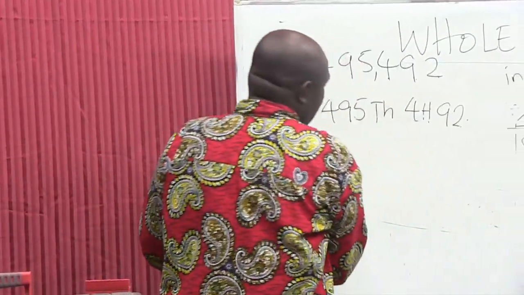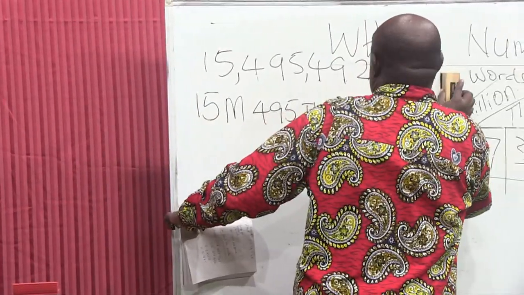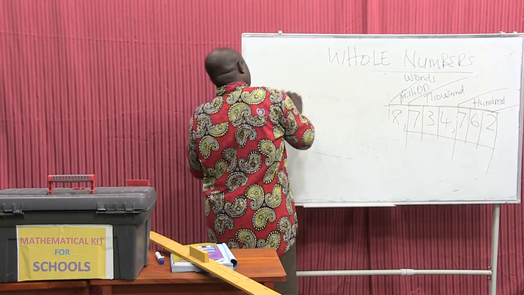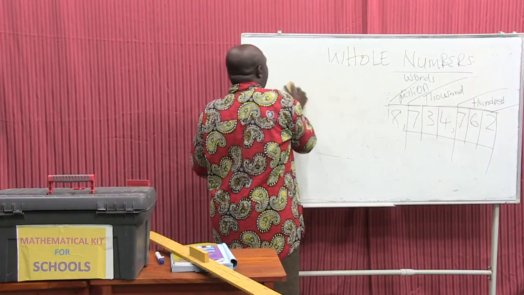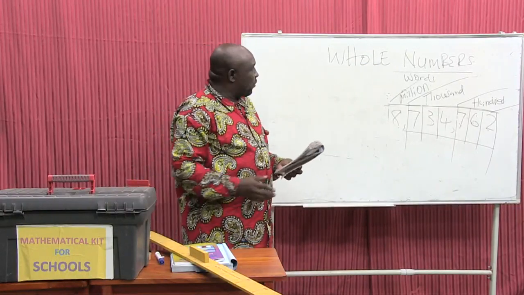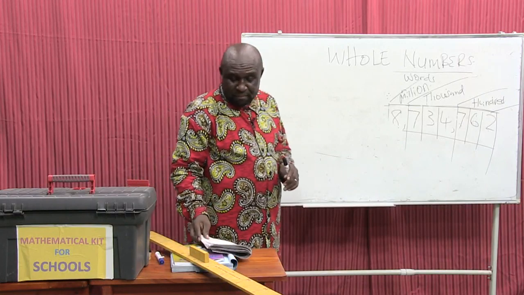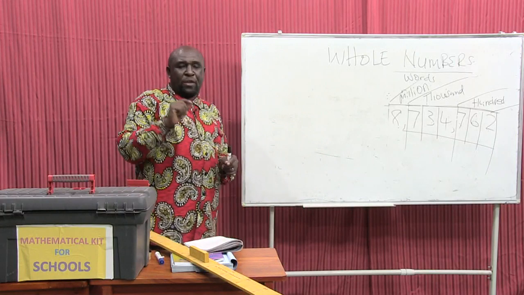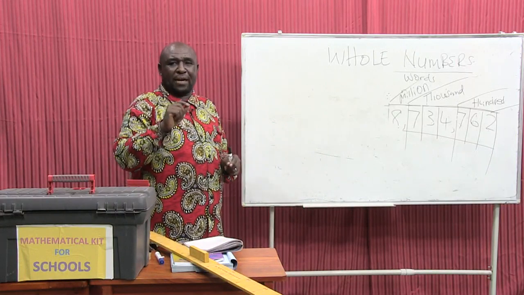Now let me give you the exercise. Using your pencil and using your pen. Whenever you see it is mathematics, make sure you have the pencil. While using your pencil, you can use a rubber.